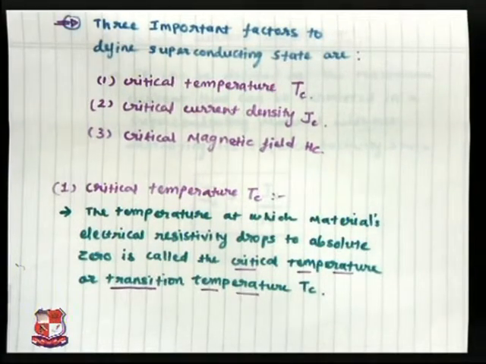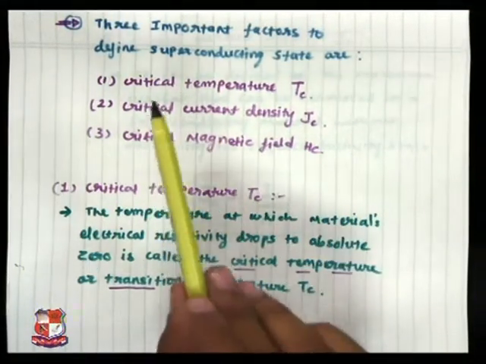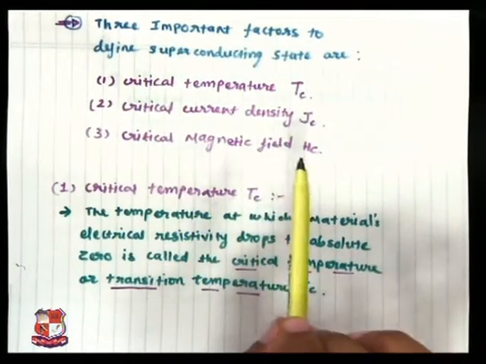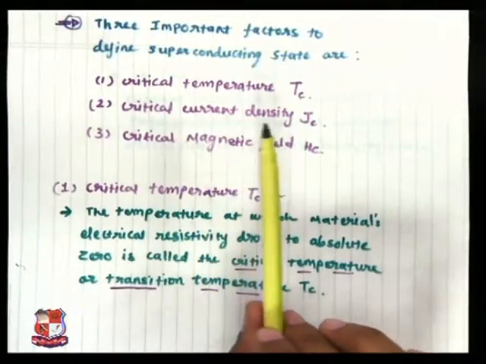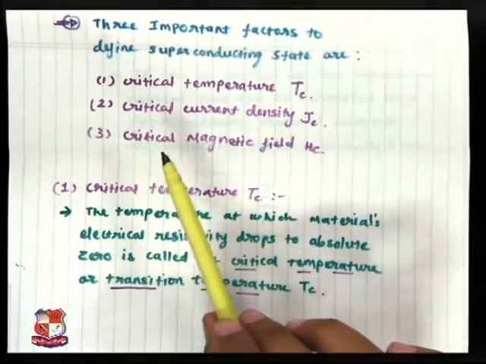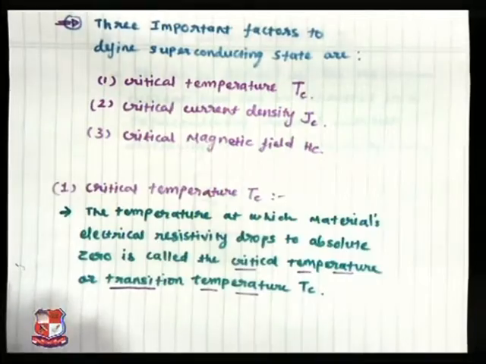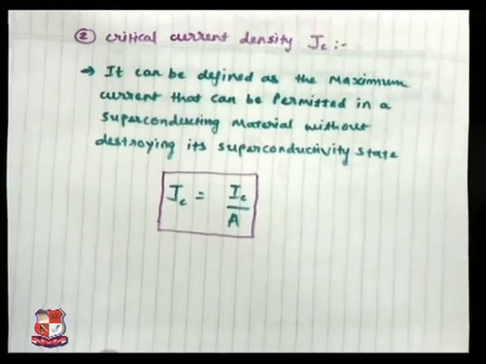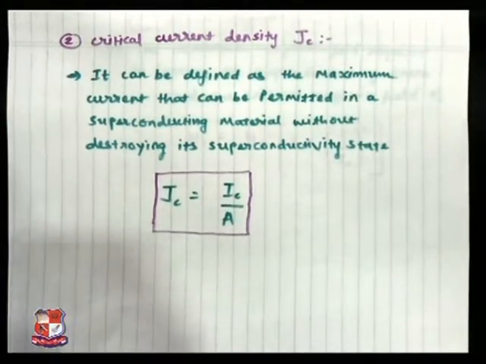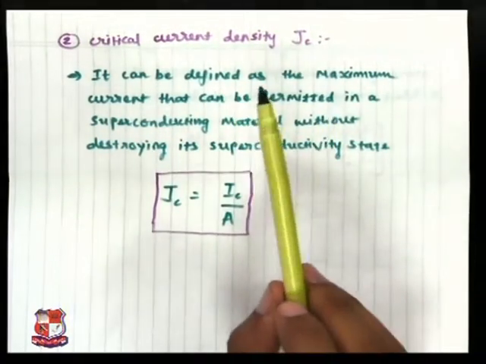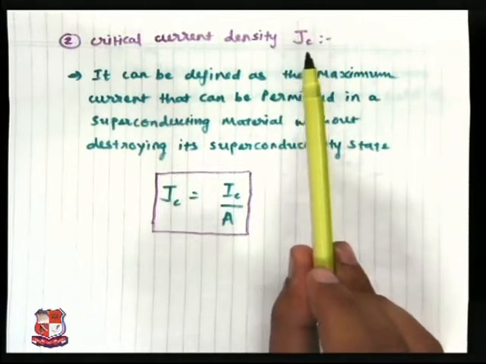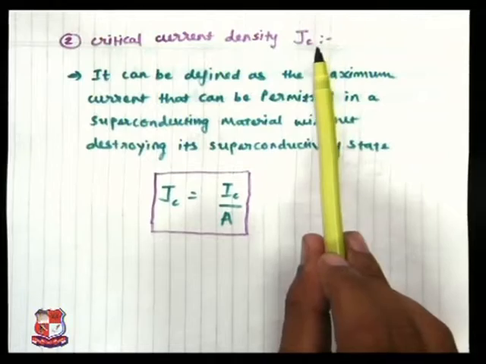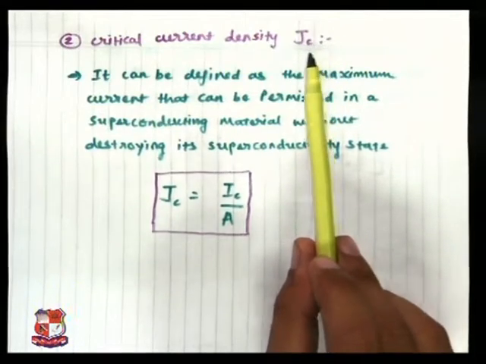The second point is critical current density, and the third definition is of critical magnetic field. First of all, we will define critical current density, and then we will define critical magnetic field. Critical current density Jc is symbolically represented as capital J, and C in suffix represents critical.